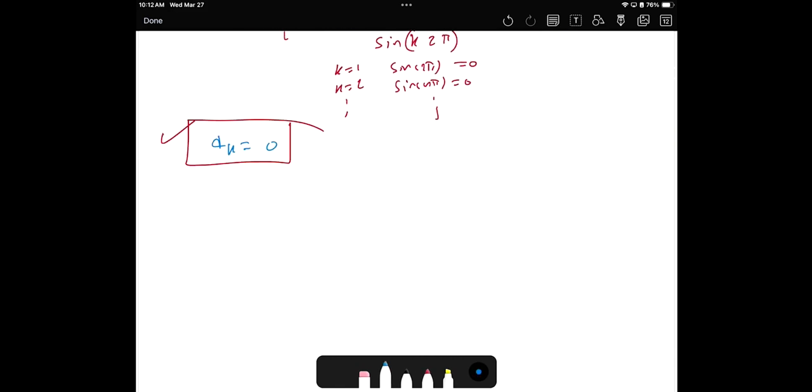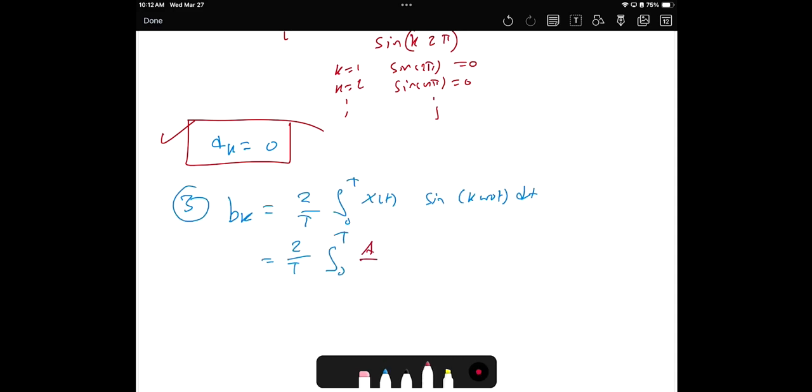Then step number 3, which is we need to calculate b_k. b_k, according to the formula, 2 over T, the integral from 0 to T, x of t, sine k omega naught t dt. Then substitute x of t with its value. So 2 over T, the integral from 0 to T, x of t is actually a over T uppercase times t. Then sine k omega naught t dt.